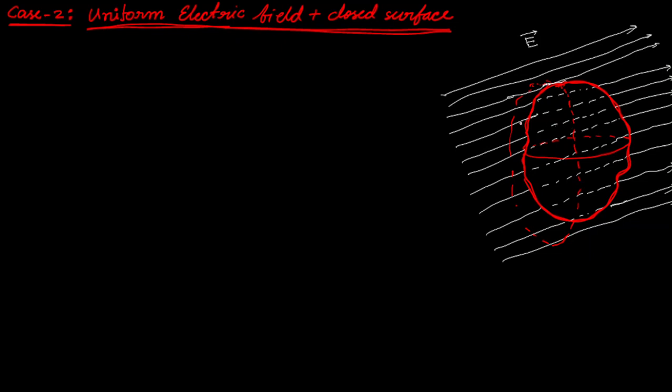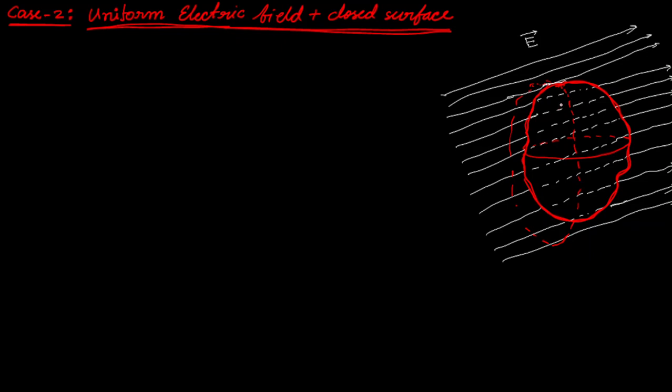The number of field lines that enter the surface, the same number of field lines will also leave the surface, irrespective of volume, irrespective of shape. It could be a cylinder, a sphere, or a cubic surface. Every time you will see the same thing if we place this closed surface in a uniform electric field.